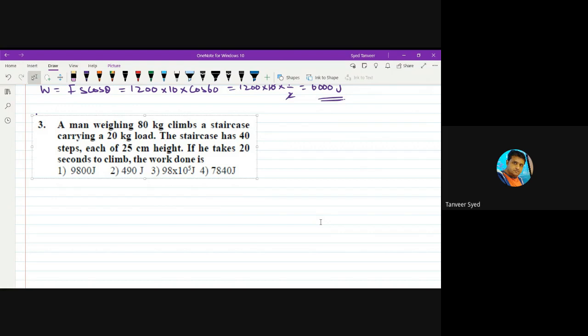If he takes 20 seconds to climb, the work done is. So what is the situation? There is a staircase like this. The height of each step is 25 centimeter, and there are 40 steps.